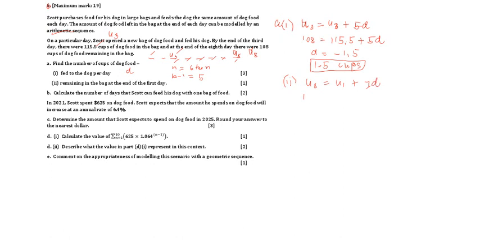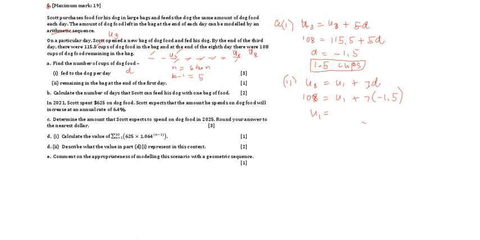So we have here 108 equals U sub 1 plus 7 times negative 1.5. Our d is negative 1.5 and not positive 1.5.